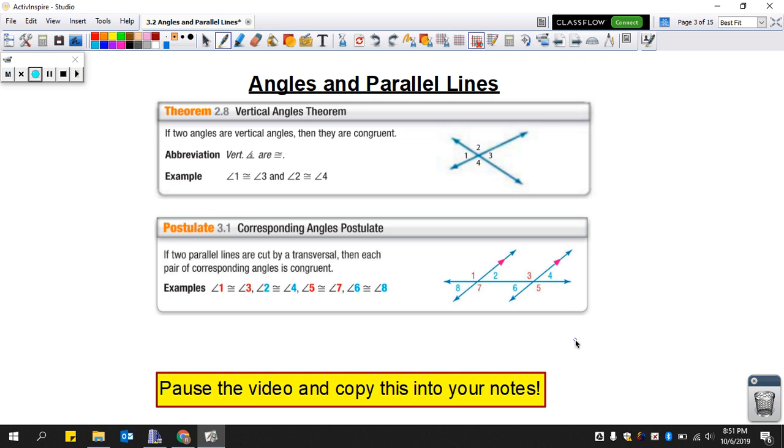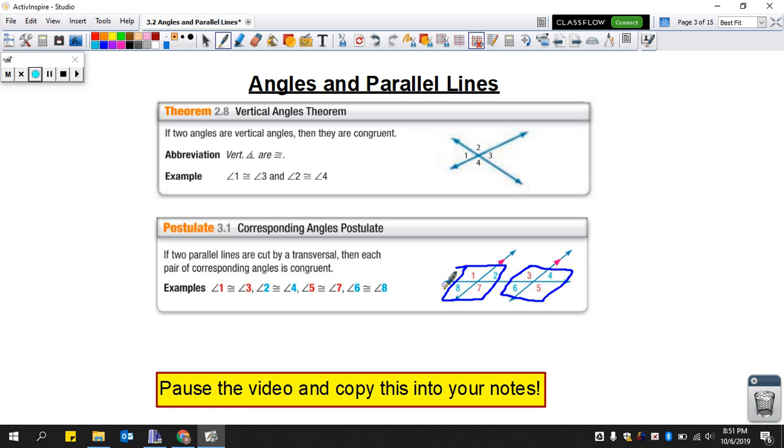Remember, corresponding angles are angles that occupy the same relative space in an intersection between a transversal and parallel lines.